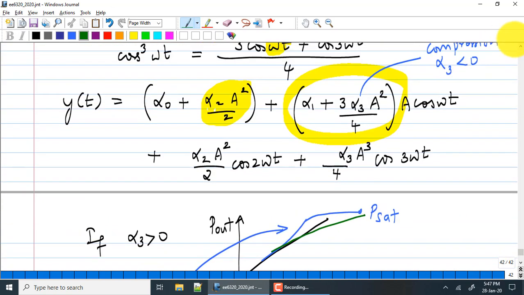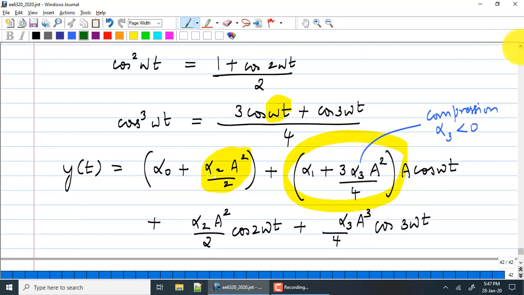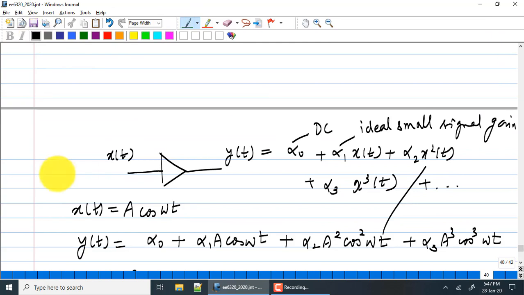So, as you can see, even if you put in just a single sinusoid, you can see all the compressive and expansive behaviors. You will change the fundamental, second harmonic, third harmonic, etc. So literally, if you put a single tone into the frequency domain, if you put in omega, what you will get at the output is omega, 2 omega, 3 omega, etc. This is often significant if you don't have a strong frequency dependent filtering response following your amplifier.